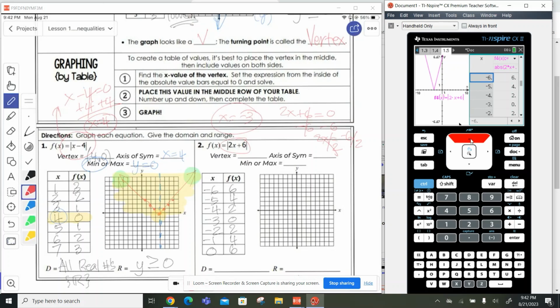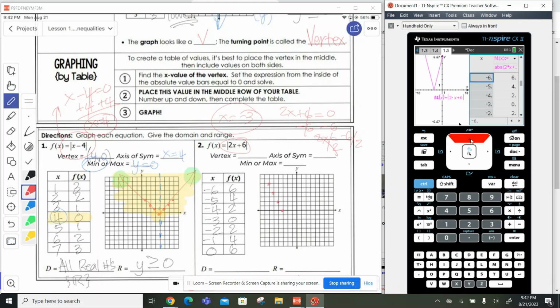First point is negative 3, 0. From 0, go to the left side, 1, 2, 3, negative 3, 0. Then we have negative 4, positive 2, negative 5, positive 4, negative 6, positive 6.